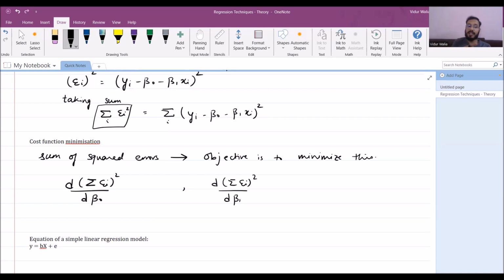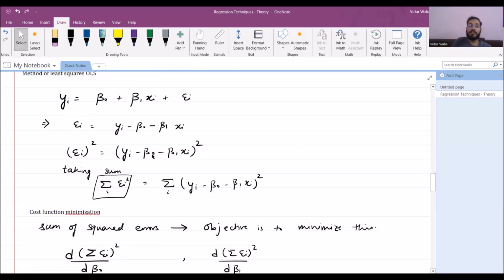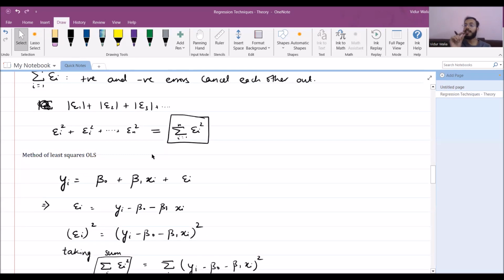So using this technique, I will find the best values for beta 1 and beta naught, which give me the minimum amount of error.